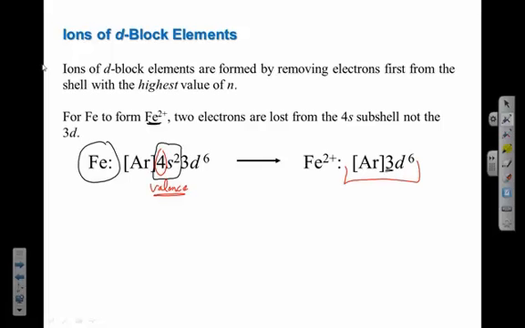How many total electrons are in level 3 now? Let me write the whole thing: 1s2, 2s2, 2p6, 3s2, 3p6, 3d6. That's 14. If the fourth level doesn't have any electrons, then all of the third level is the valence level. So I've got 14 valence electrons.